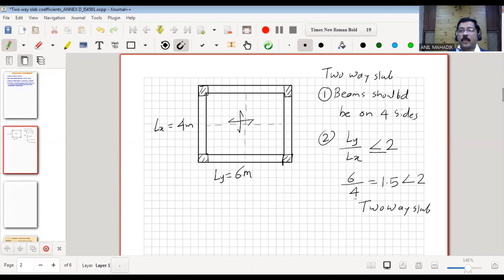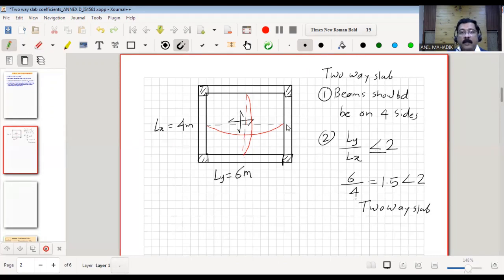I will show that in plan. So this will bend along the y direction, that is the longer span direction, and it will also bend along the shorter span. Okay, so there is a two-way bending, and that's why it is a two-way slab.